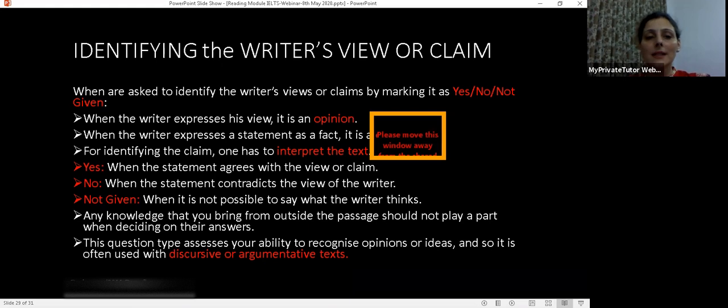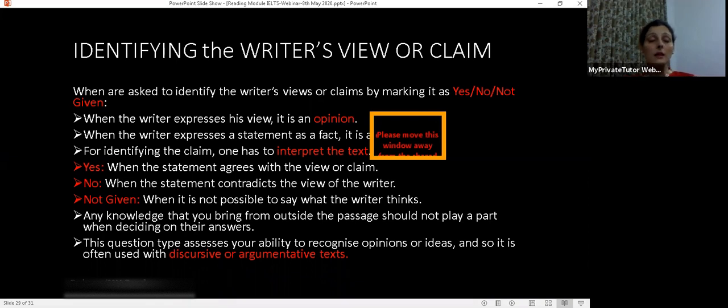How to identify the writer's views or claims? One question might come like this. It is not necessary that all those questions which are mentioned are going to be a part of your IELTS reading module, but these questions are there, and maybe one or two in any paper; they can be skipped, or maybe they all are going to be there.